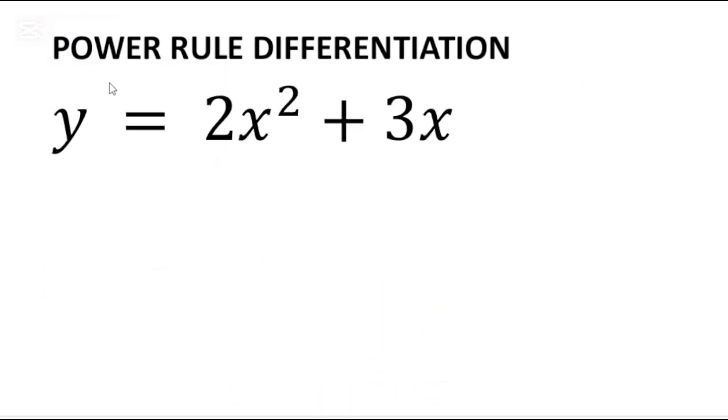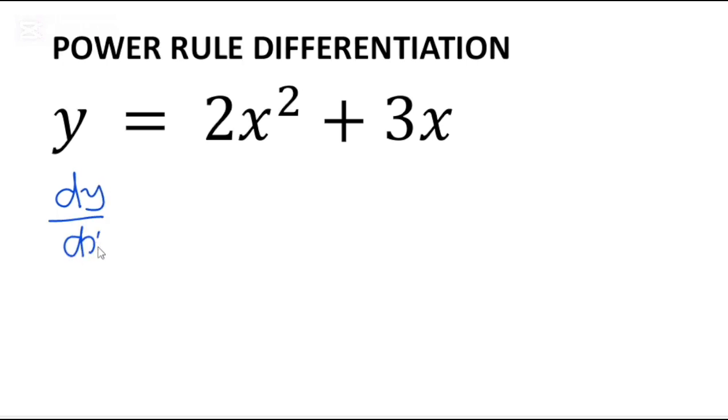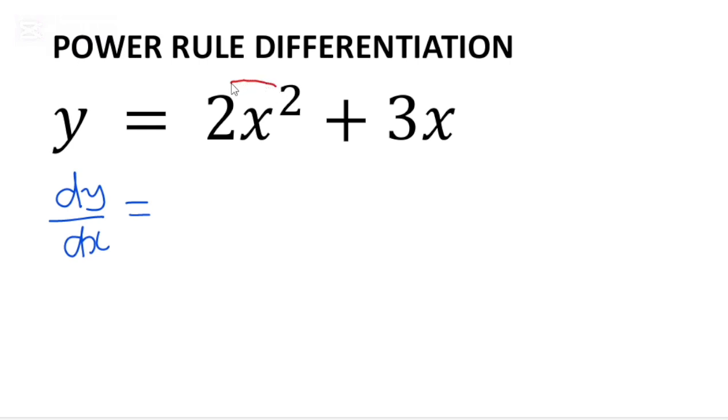Here's the second example. We have the function y is equal to 2x squared plus 3x. From the previous example, we are going to write dy dx, meaning we're differentiating the function y with respect to x, is equal to multiply this power by the coefficient of x. Also here, this is the same as power 1, so we're going to multiply this power 1 by the coefficient of x.